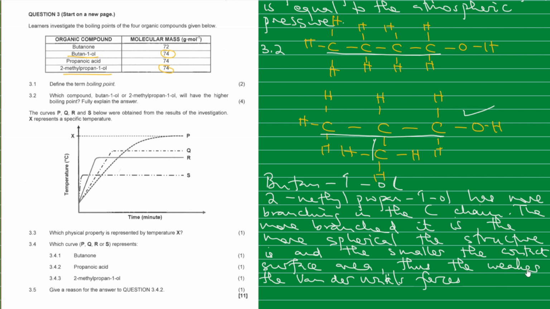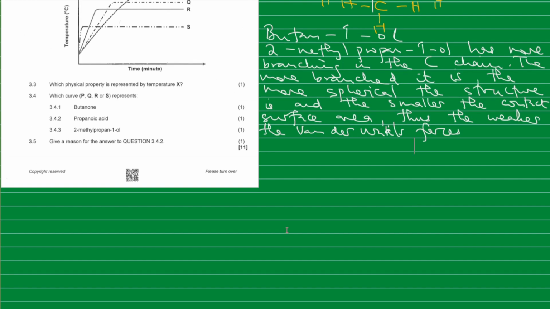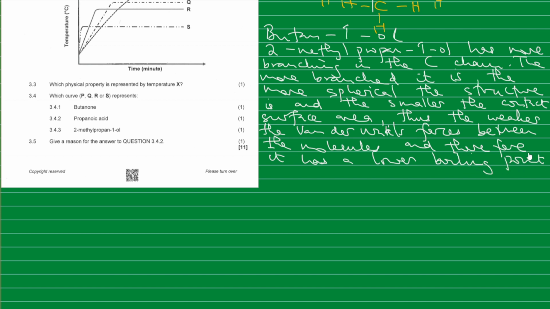Thus, it has weaker van der Waals forces between the molecules, and therefore it has a lower boiling point than butan-1-ol. Okay, so that is how you explain.